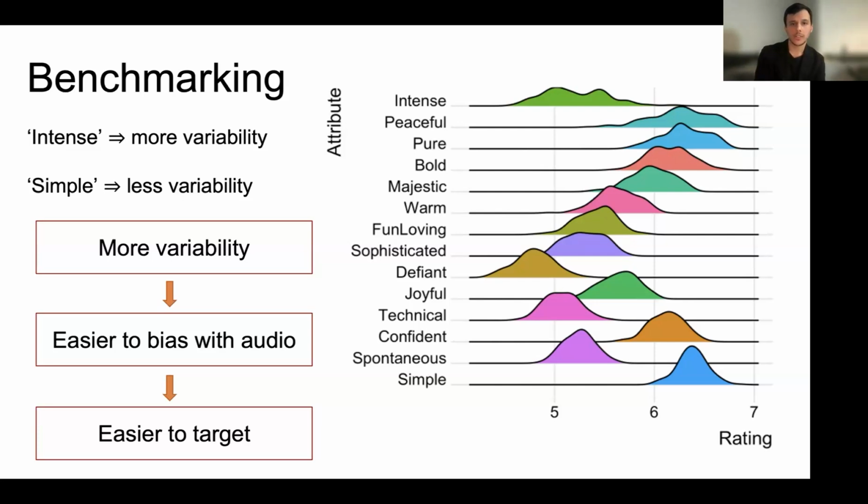And this essentially suggests that some attributes such as intense or peaceful are easier to bias with music than simple. So if you want a scene to come across as simple, adding music to it is probably not going to help you very much. So more variability, easier to bias with audio, and thus easier to target in the context of branding.